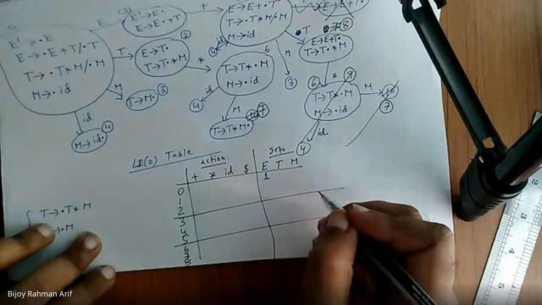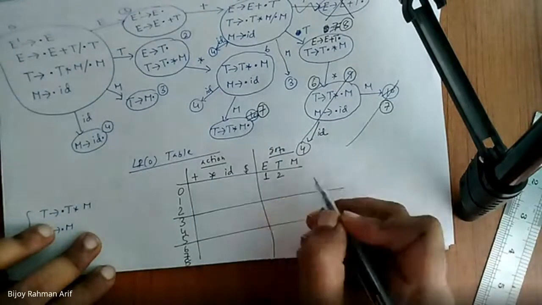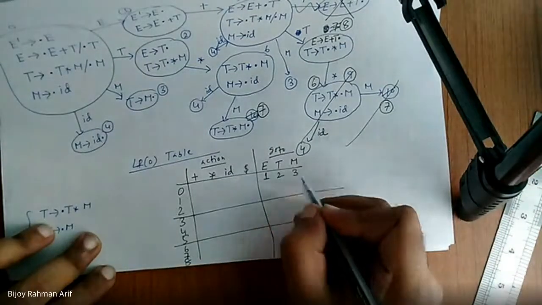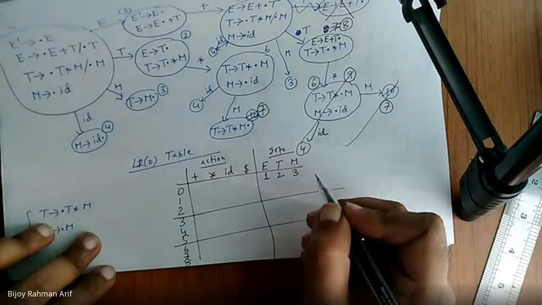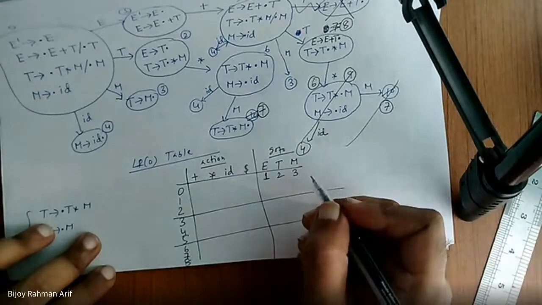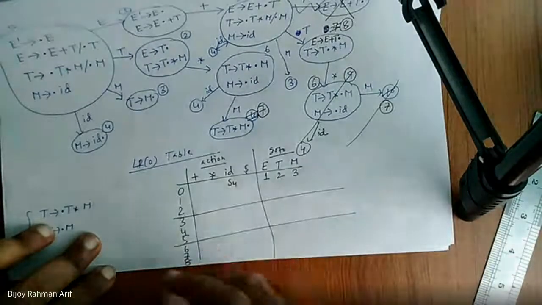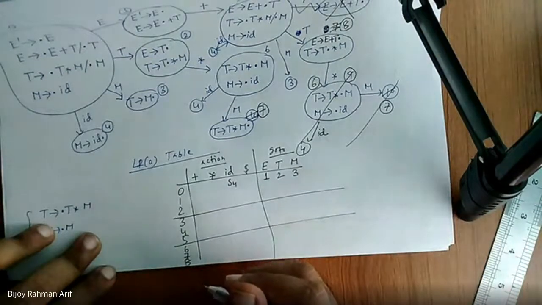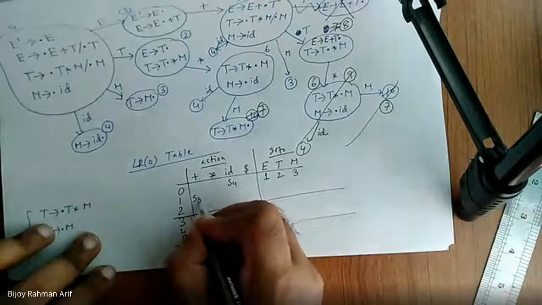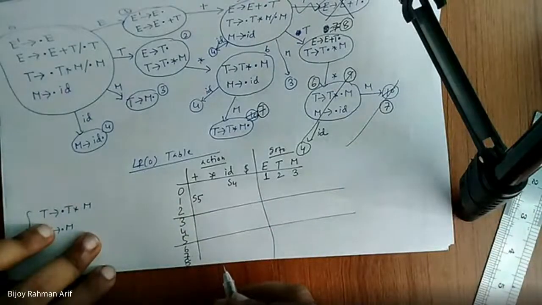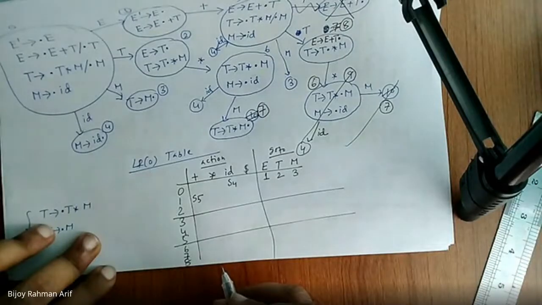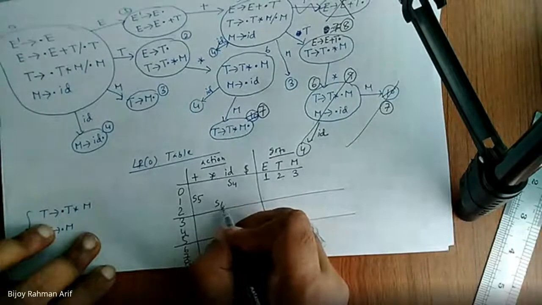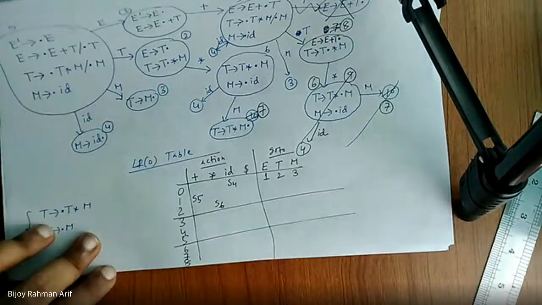State number 1. 0 seeing T, I'm going to state number 2. 0 seeing M, I'm going to state number 3. 0 seeing ID, I'm going to shift. Now 1 seeing plus, going to state number 5. 2 seeing star, going to state number 6. 3, 4 is done.